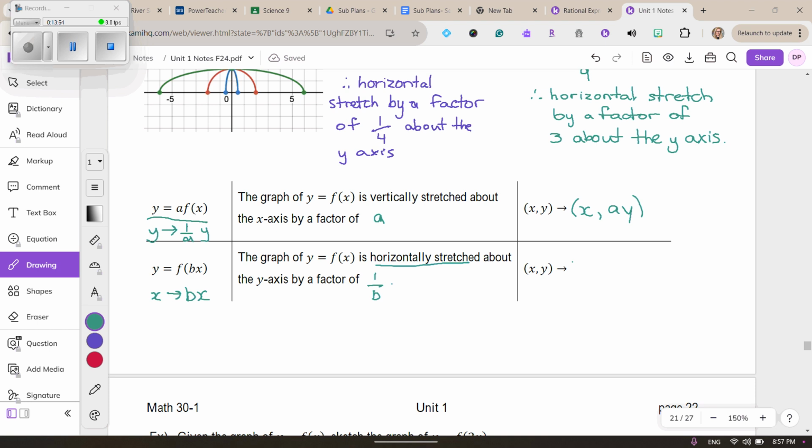And for our mapping notation, our y value is going to stay the same, but our x value is going to have to be multiplied by 1 over b. So once again, opposite of our replacement notation.